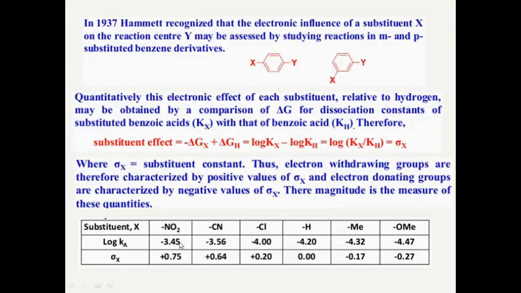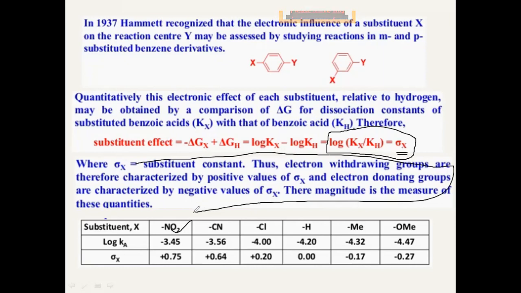If you subtract this from this, that will give you plus 7.7. If you replace these values here, you will get this difference. So from this table and equation, this is a very interesting equation. One can easily say that sigma x will be positive if electron withdrawing groups are present. So you must remember this, you must memorize this.